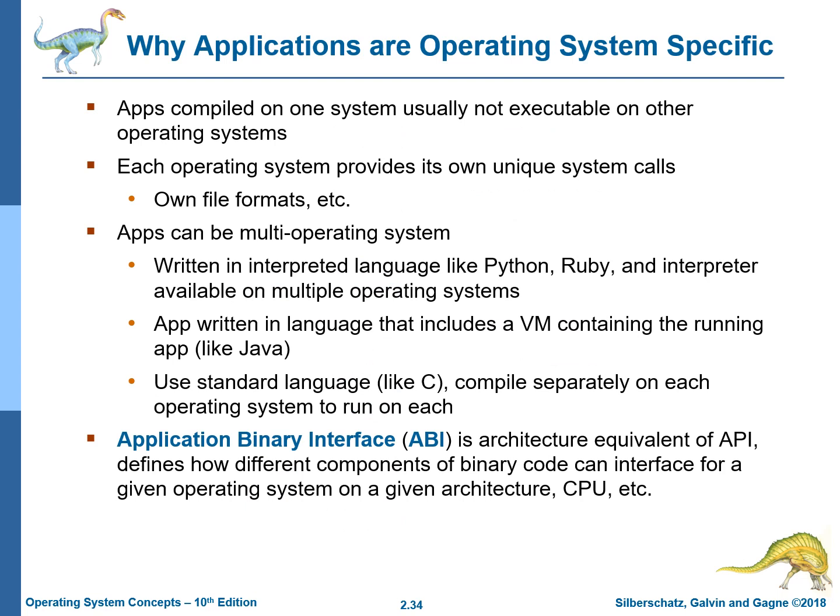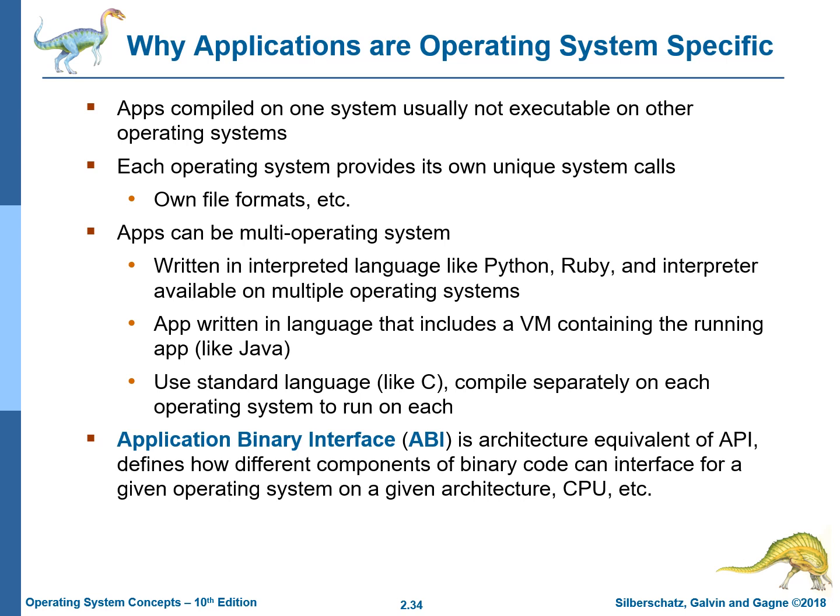The reasons why applications are operating system specific. Apps compiled on one system are usually not executable on other operating systems. Each operating system provides its own unique system calls, and they have their own file formats, etc. Applications can be multi-operating system. It is written in an interpreted language like Python or Ruby, with an interpreter available on multiple operating systems.